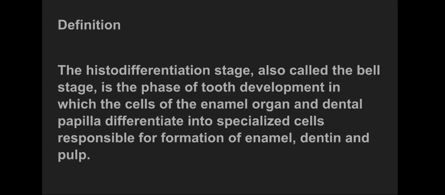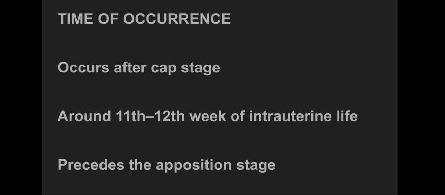So the definition of the bell stage: the histodifferentiation stage, also called the bell stage, is the phase of tooth development in which the cells of the enamel organ and dental papilla differentiate into the specialized cells responsible for formation of enamel, dentin and pulp.